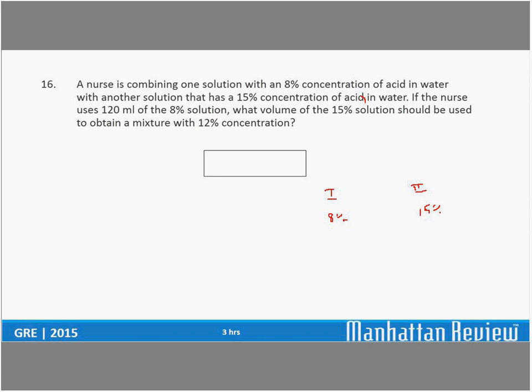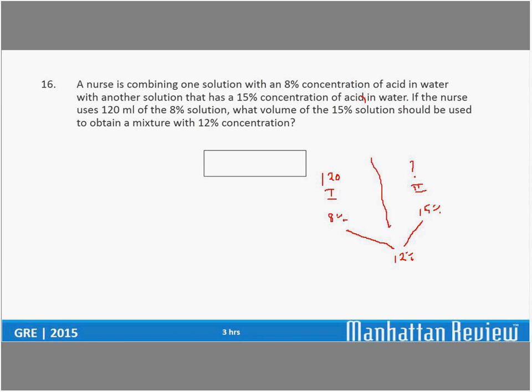Now, if the nurse uses 120 ml of 8%, this first variety she used 120 ml. Now the volume of this 15%, means this is the second volume. What volume of 15% solution should be used to obtain a mixture of 12% concentration? Means on mixing both of them, the result should be 12% concentration. 12% of acid should be there.